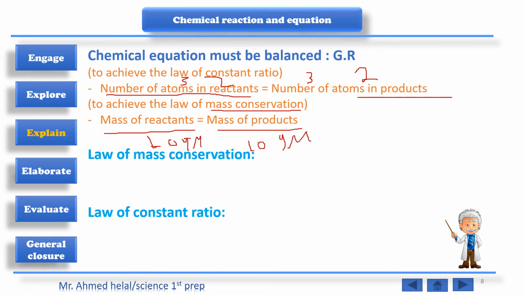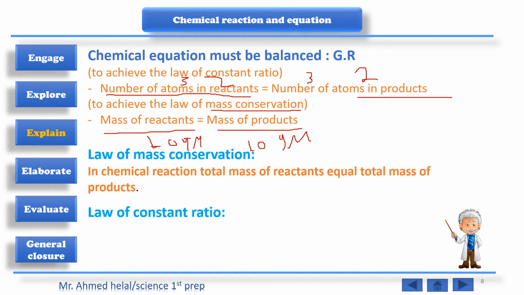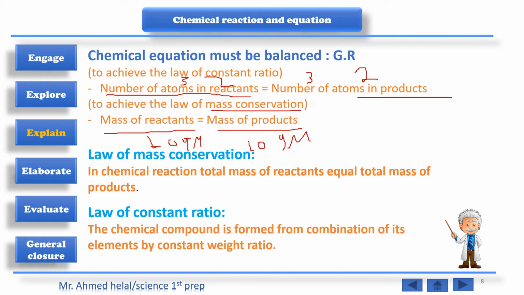So what is the law of mass conservation? In a chemical reaction, the total mass of reactants equals the total mass of products. And the law of constant ratio: a chemical compound is formed from the combination of its elements by a constant weight ratio.